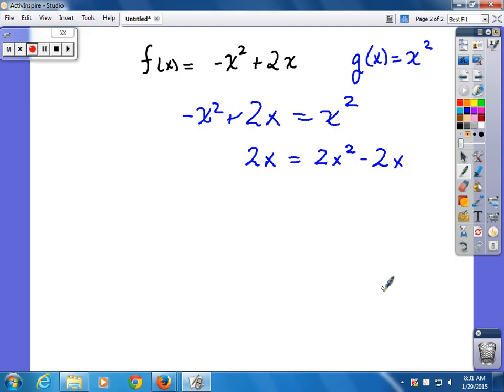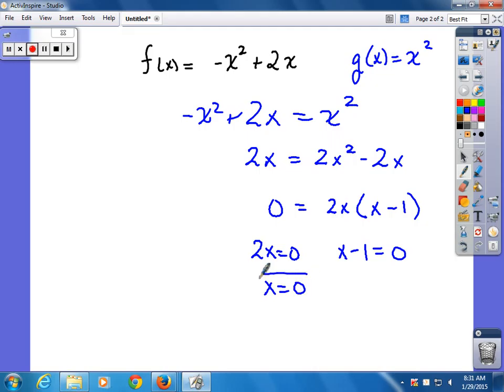And then we can factor: 0 is equal to 2x times x minus 1. So 2x is equal to 0, and x minus 1 is equal to 0. x is equal to 0. So it intersects at 0 and at what? 1.